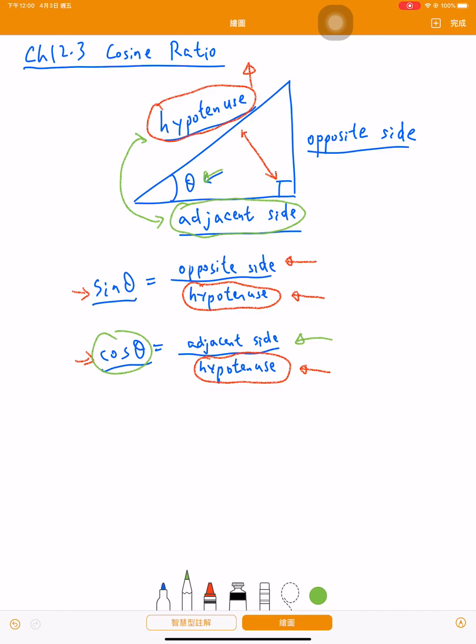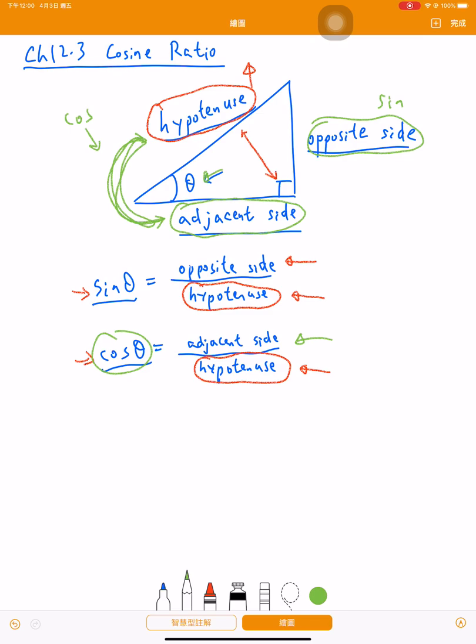So if I draw this arrow here, you can see a C here, right? A C. So this one is cosine, okay? Just a trick. You may use this method to help you memorize which one is cosine. Then the other side divided by hypotenuse should be sine, right? Okay, so you may memorize in this way.